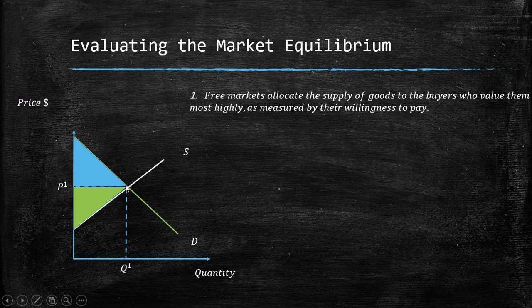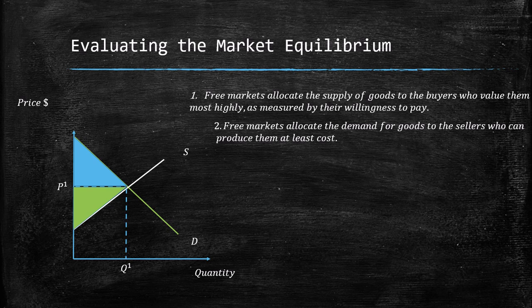So this is the common point where the two forces, supply and demand, face each other. The other important fact is that free markets allocate the demand for goods to the sellers who can produce them at least cost. So here they can produce at less cost than this part, and here they can pay more for the good than this part. So they try to maximize this part.